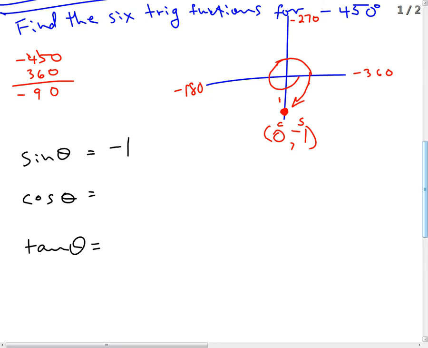Cosine, you should have gotten what? 0. Tangent is the same as sine over cosine. So tangent is going to be what? Yeah, undefined. So we're just going to abbreviate undef for undefined. I'll write it down below here so that we have more room for cotangent.